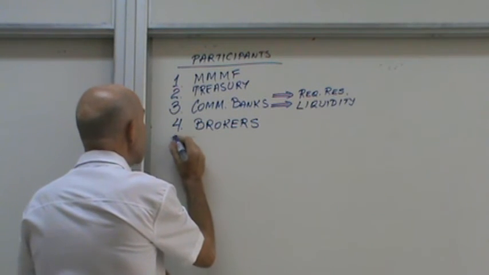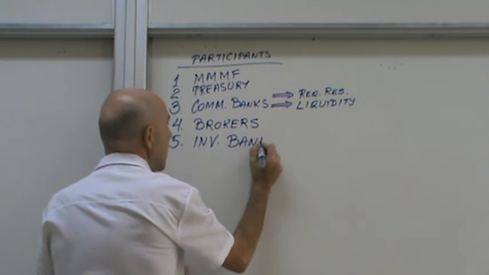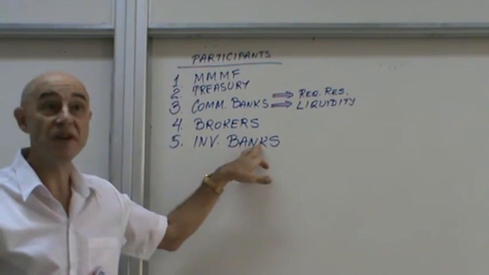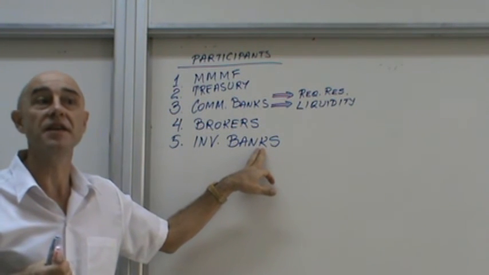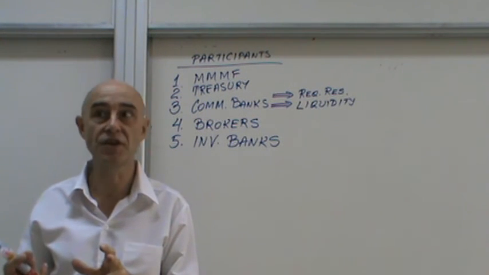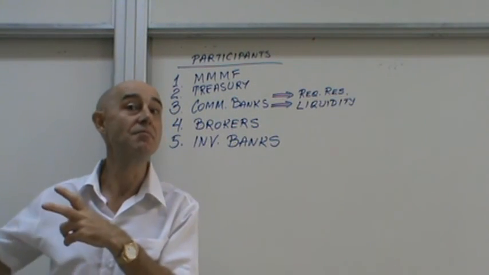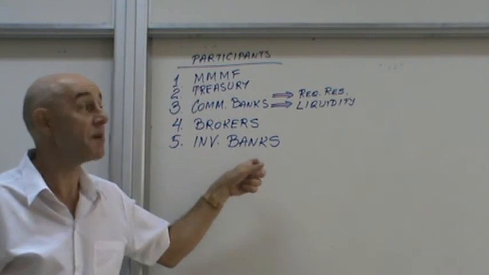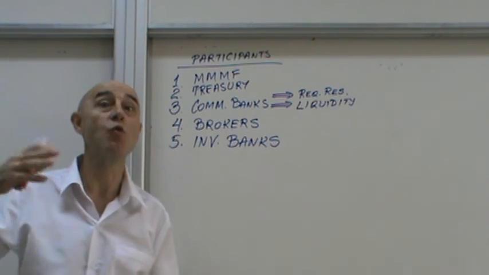Another one will be investment banks. Again, investment banks need to maintain their own liquidity, so they might be investing in some. But the main function of an investment bank is as underwriters, where they become the financial intermediary that helps somebody issue a major amount of, let's say, $1 billion. Somebody, a corporation or some other bank or financial institution, needs to raise $1 billion.